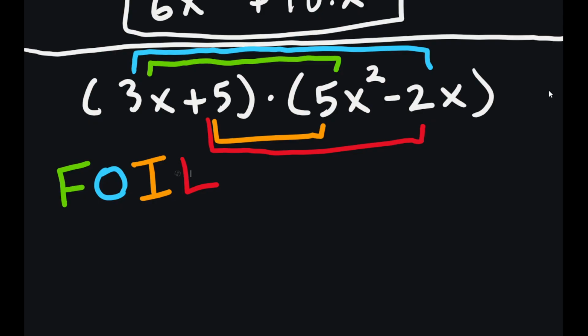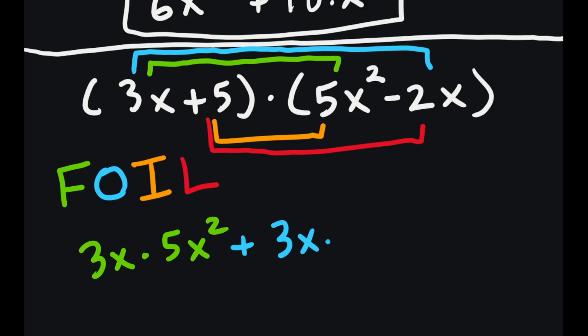Excellent. So let's go ahead and write it out. So the first, I'll write it in green. 3x times 5x squared. And then the outer, I'll write it in blue. So plus 3x times negative 2x.